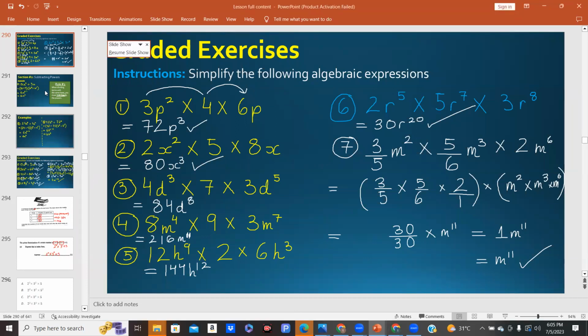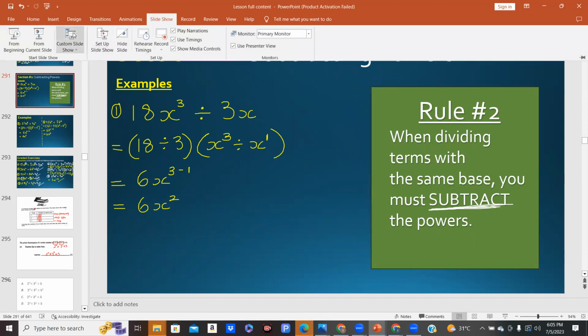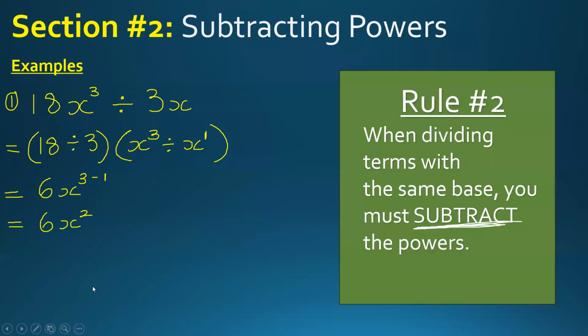That was rule number 2. Let me ask Kamaya. Kamaya, can you explain this one, please? How we got 6x to the second power from yesterday?